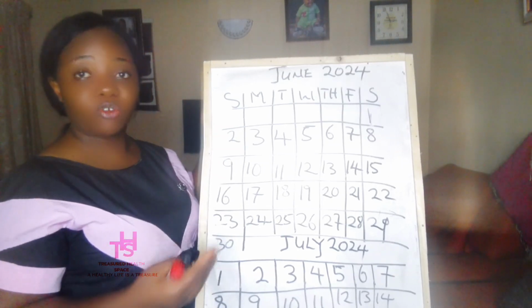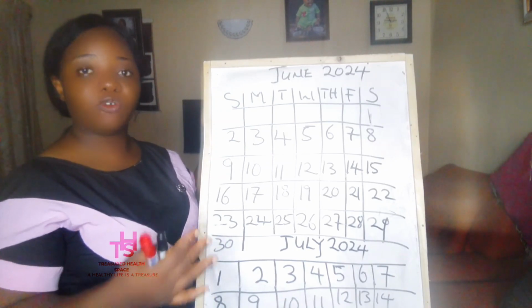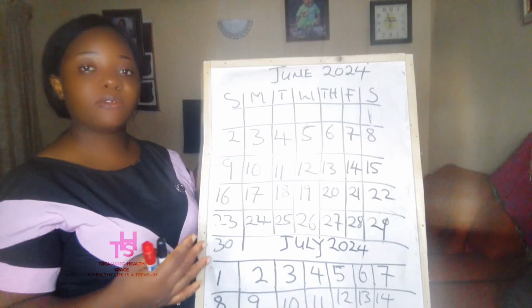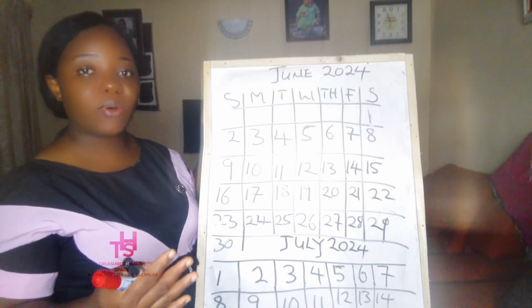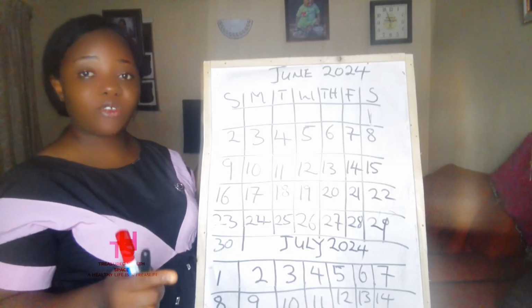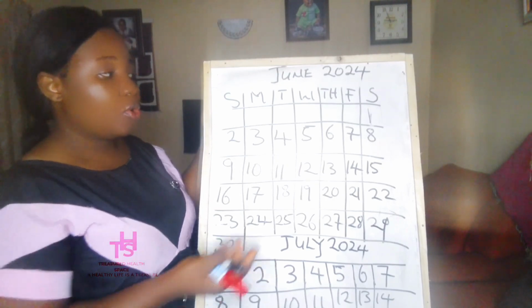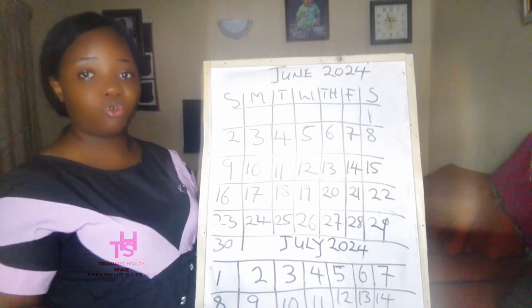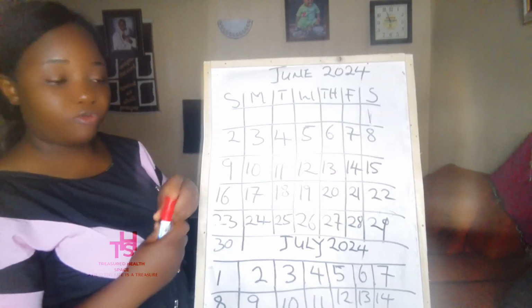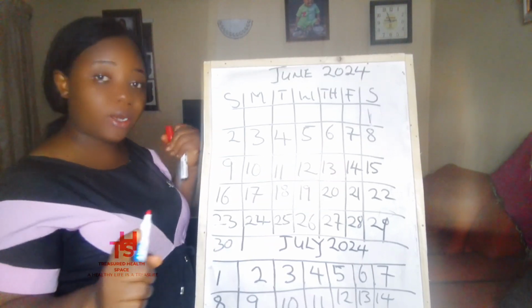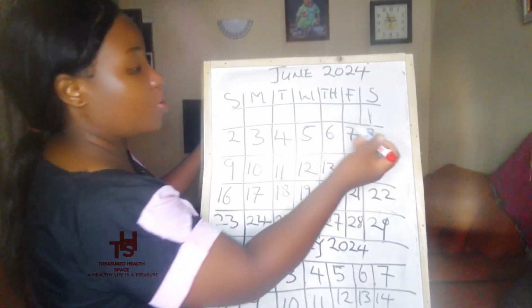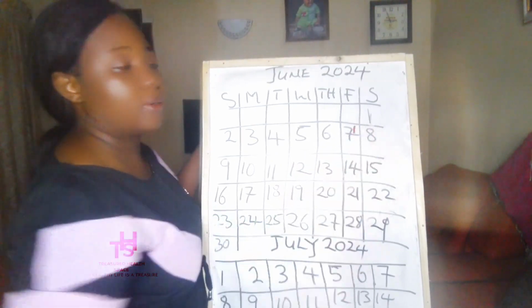I'm going to show you how to calculate menstrual cycle length before we go on to calculate fertile window and our safe days. So let's assume you saw your period on the 7th of June. 7th of June will be the day one of your menstrual cycle. So this is 1.